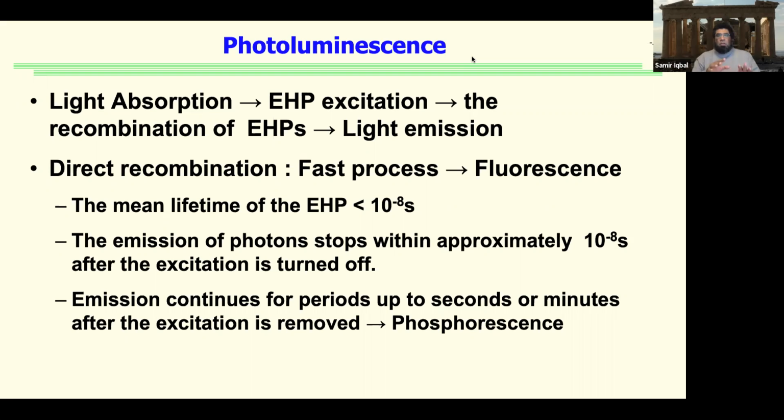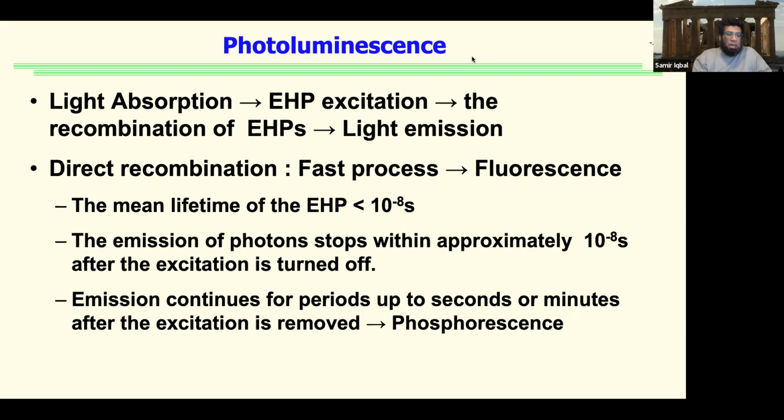Now, this means that as soon as you remove the excitation, the light that's coming out of the material will stop right away, because all of those photons coming out were because of the shining of the light. And within 10 raised to the power minus 8 seconds, all of those excited electrons that were being generated were recombining so fast.